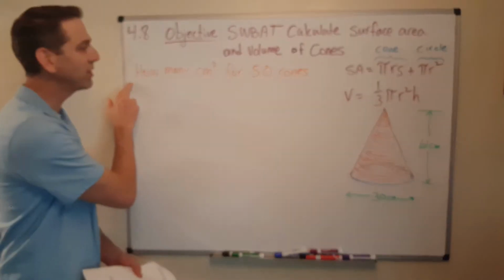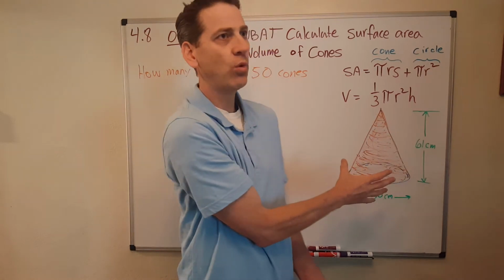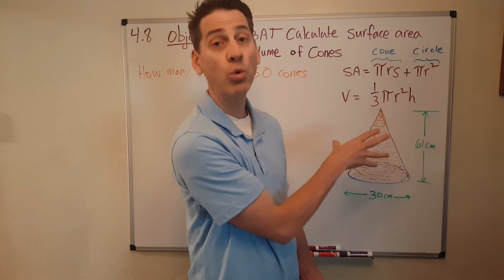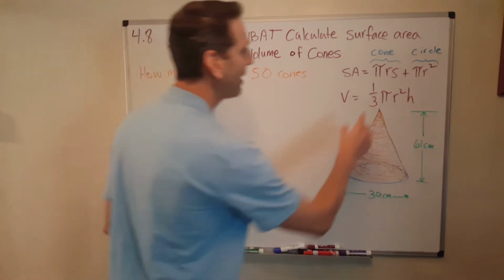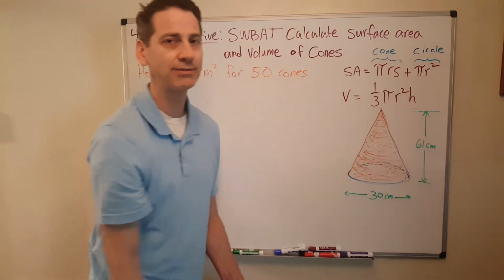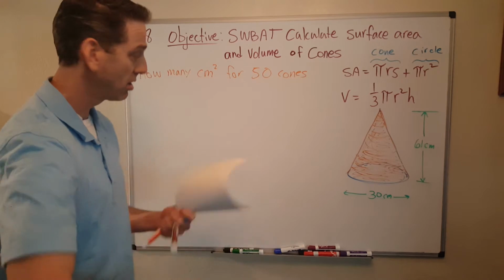And so the first question is, how many square centimeters am I going to have to paint orange? That means I need to figure out just this part, the pi r s. So let's take a look.